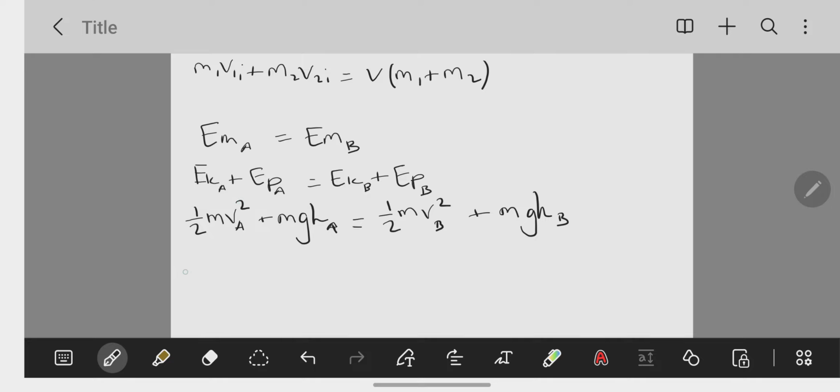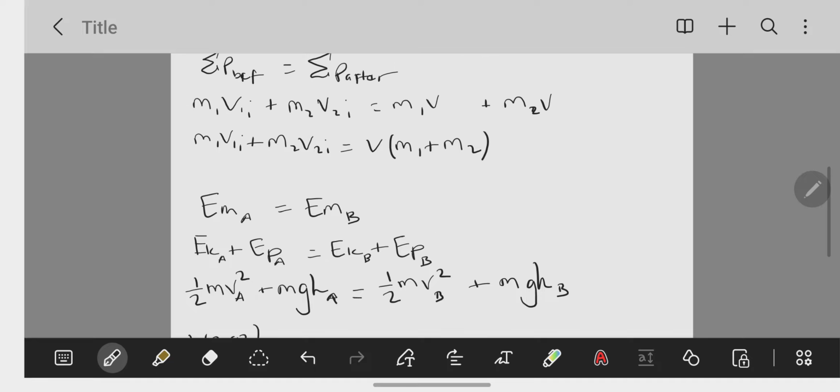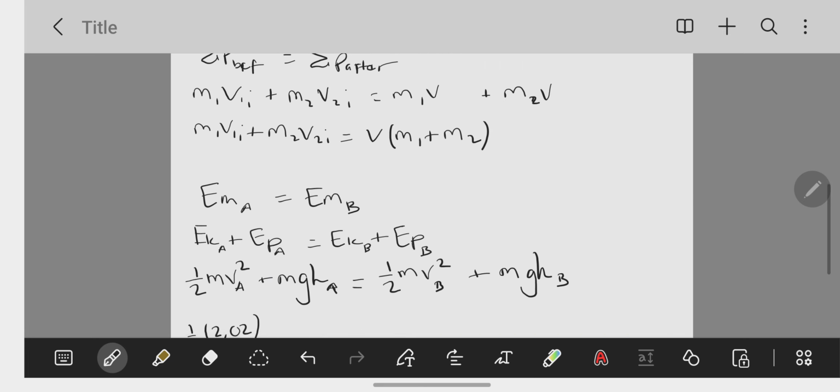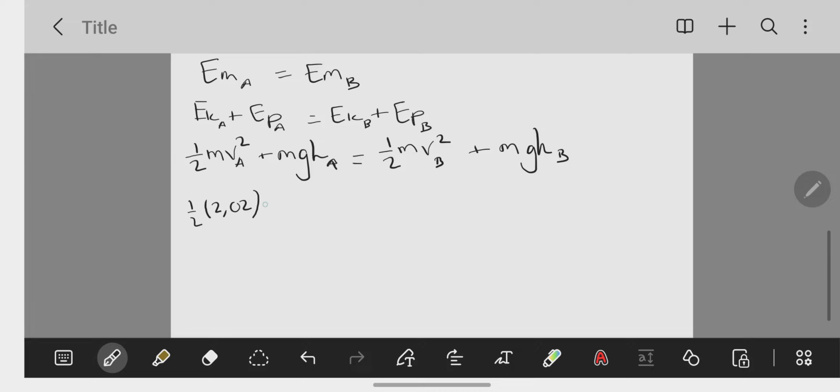But we know the mass. So 1 over 2, we had 20 grams and 2 kilograms, so 2,02, VA squared, plus 2,02 times 9,8.